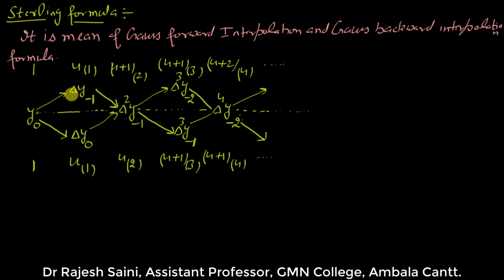So here the difference between these coefficients and these coefficients is that in the lower coefficients, we increased the value of u after 3 terms, and here we increase the value of u after 2 terms. So for writing the forward formula, we will use the coefficients along the line and below the line for forward interpolation formula.